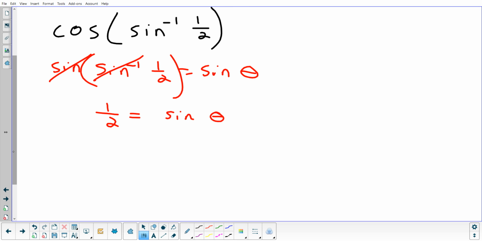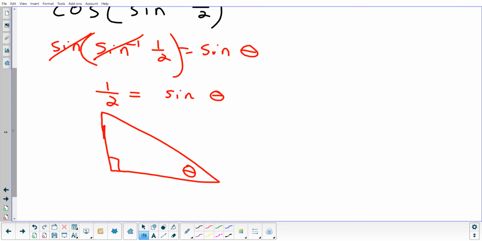Okay. What am I going to do now with that equation? I'm going to take that equation and turn it into a right triangle. Yep. Doesn't matter where you put theta. But Francesca, what two sides have they basically given me in this equation?